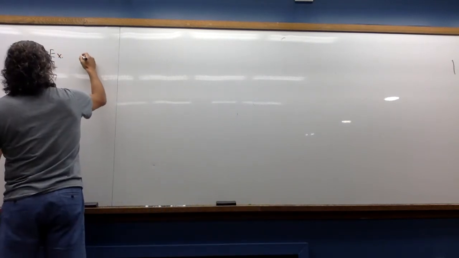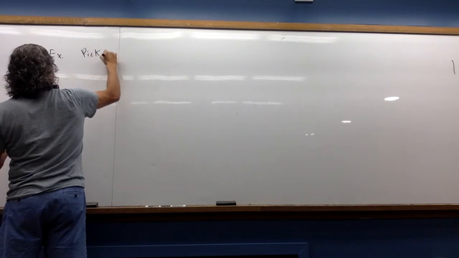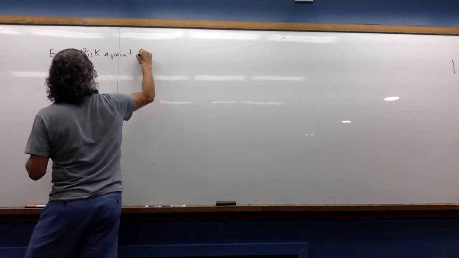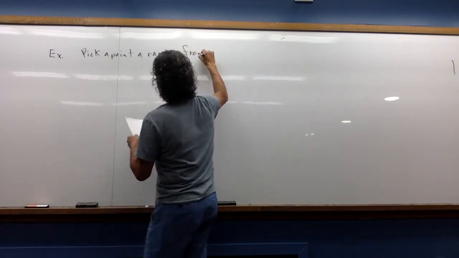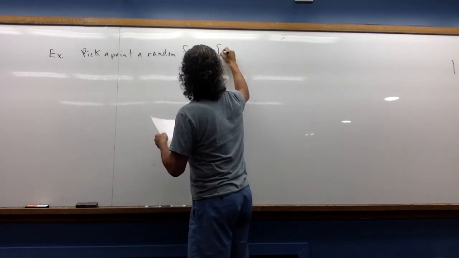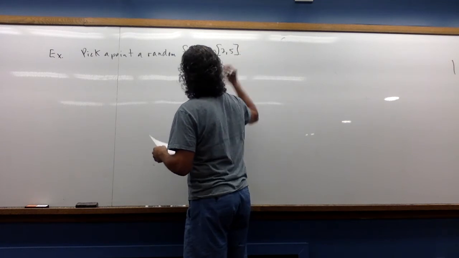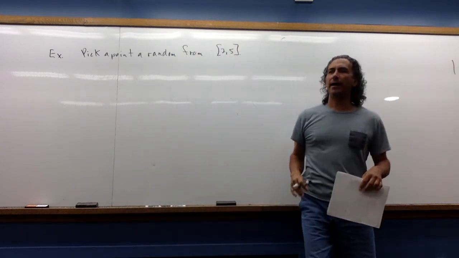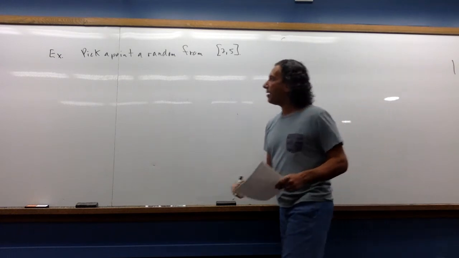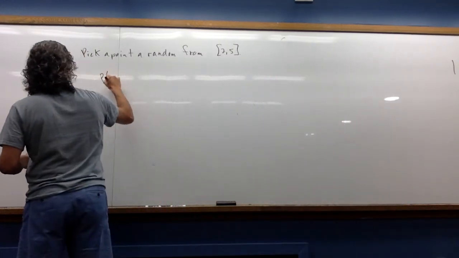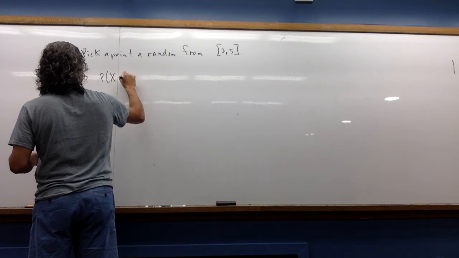Okay, so let's say we pick a point at random from the interval 2 to 5. Same game, points are equally likely. It's just like the dart example that I gave at the beginning. I'm going to ask, what's the probability that x is less than 4?